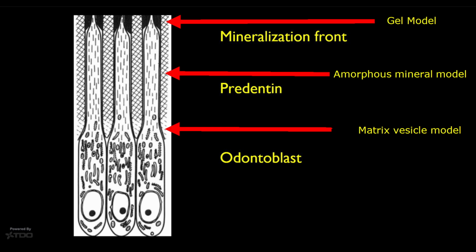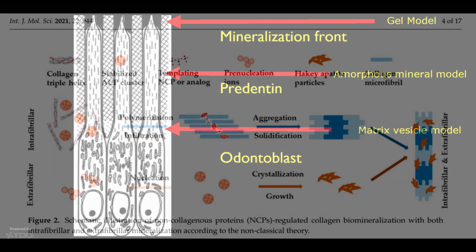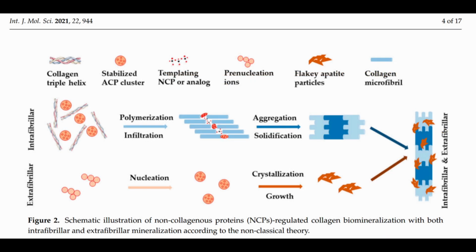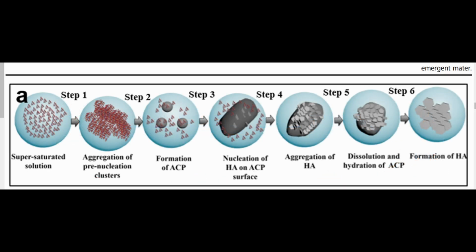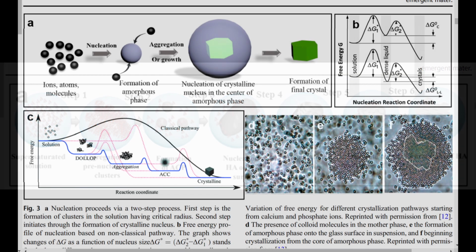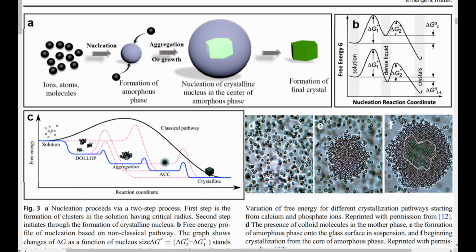Recent research has shed some light on the process of mineralization, taking calcium phosphate ions to the final hydroxyapatite crystals. It is a stepwise, gradated process using supersaturated solutions of calcium phosphate, which we refer to as amorphous calcium phosphate. And the actual nucleation events are thermodynamically controlled by non-collagenous proteins secreted by the odontoblast.